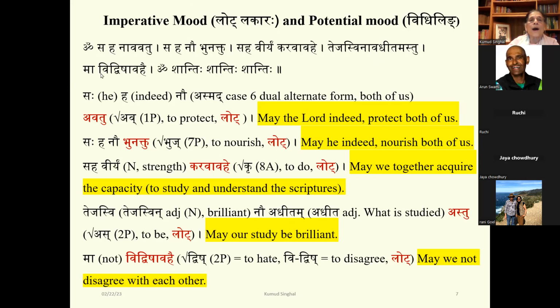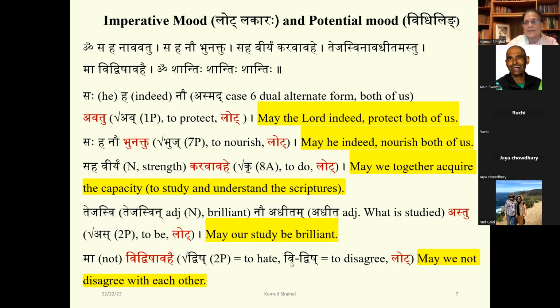Then ma vidvishavahai. So here ma means not, and lot lakara is also used in the case of prohibition, when you say don't do this. And this is again a lot lakara form, vidvishavahai. So the verb is dvish, to hate.